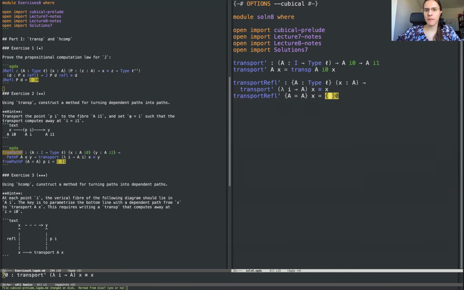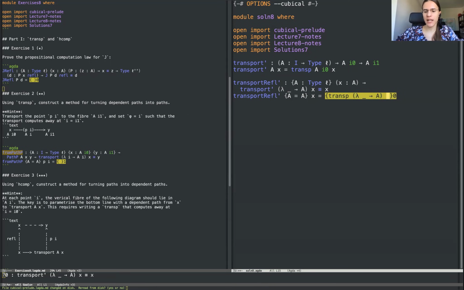And what I'm going to do is I'm going to use this transp operation. Let's just consider transporting across the constant type family. We can put an underscore here. That might be more evocative.